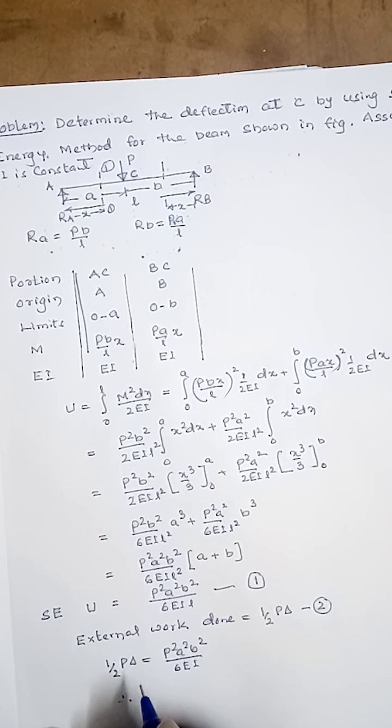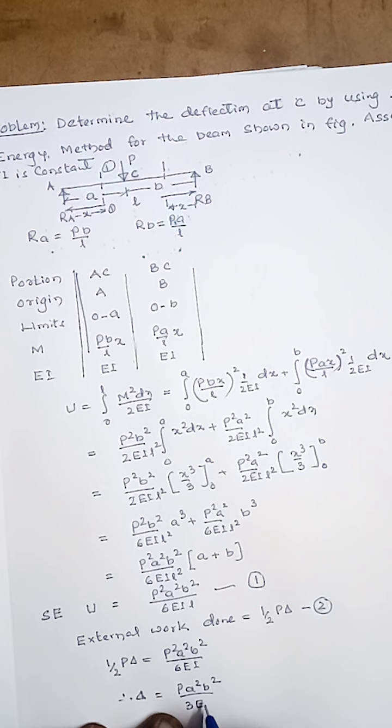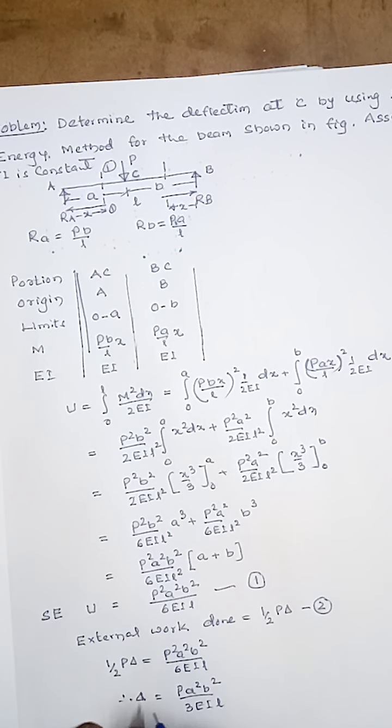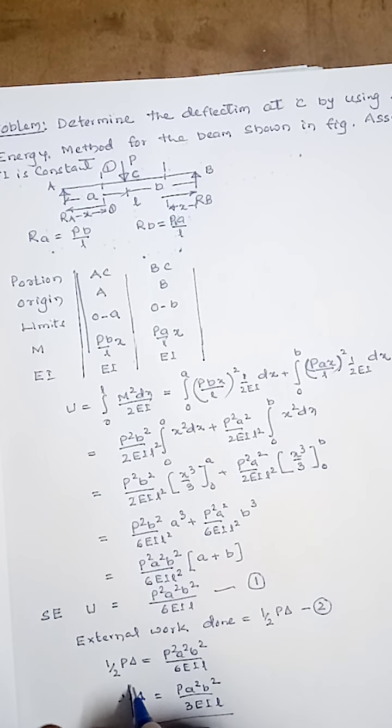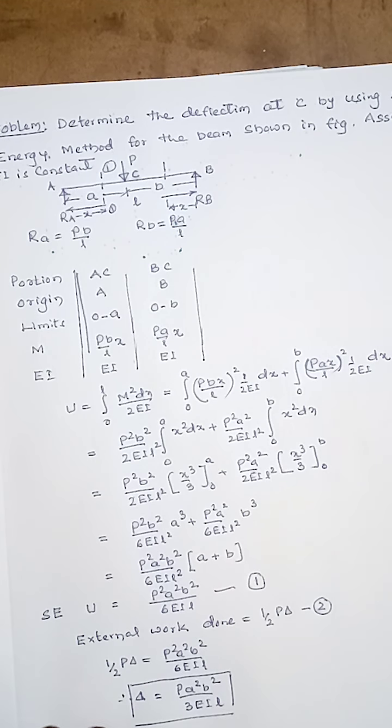Then delta, the deflection below the point load, P gets cancelled, and we get delta equals P A square B square divided by 3EIL. Here this one is the deflection below the point load.